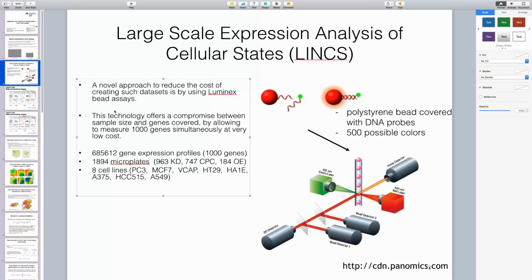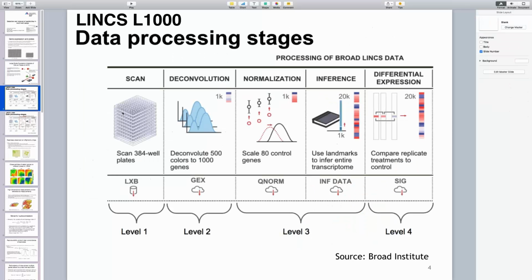All right, so the L1000 data processing pipeline, the different stages, look something like this. You have your raw data, and there is some deconvolution to get the 1,000 genes from the 500 colors of the beads.